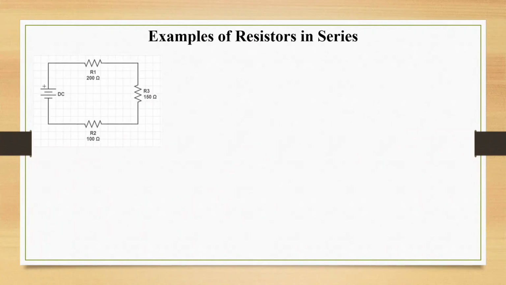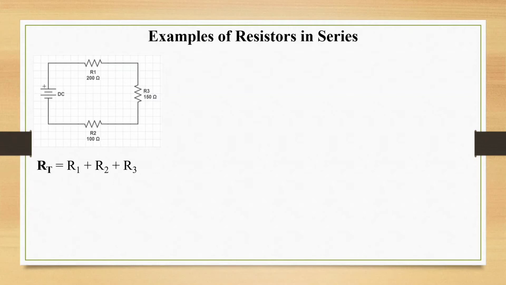Suppose we have three resistors connected in series. R1 is equal to 200 ohms, R2 is equal to 100 ohms, and R3 is equal to 150 ohms. So we have the formula: total resistance is equal to R1 plus R2 plus R3.